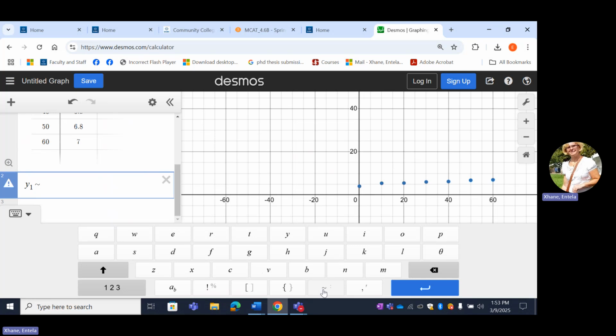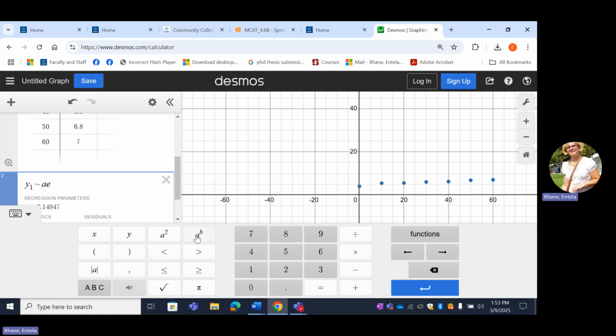variable y0, which is the initial size of the population. Don't call it y0, because if you do, that's going to mess up your table. Call it A to make it easier. This is the initial. And then you're going to multiply this by E to the power. To the power of what?